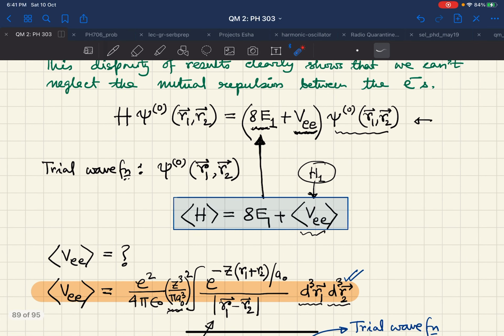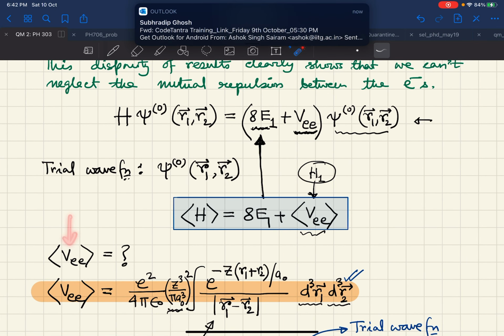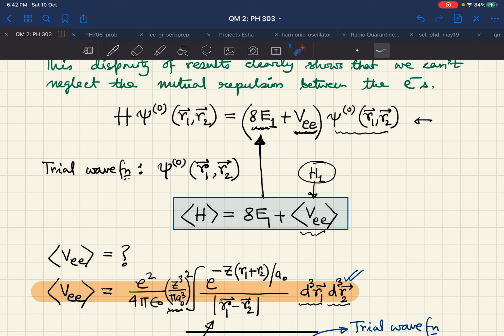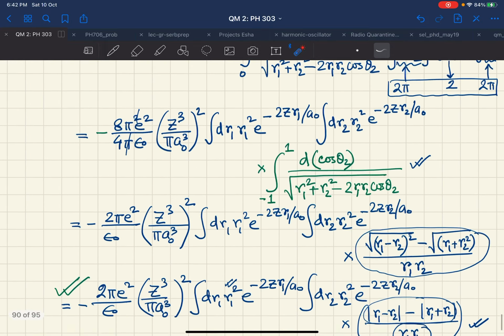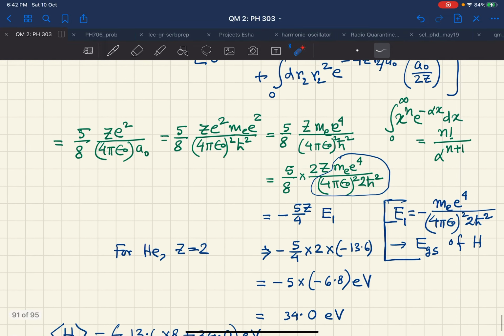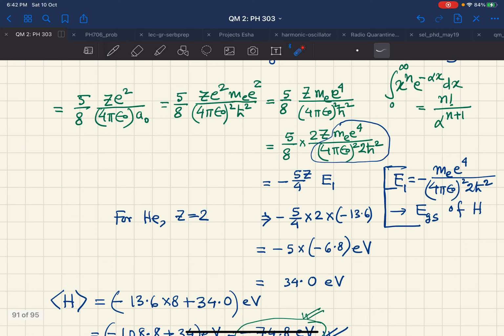This expectation value of VEE we calculated in the previous class, and the result after several integrations was this: the expectation value of VEE came out to be minus 5Z by 4 times E1, where again E1 was the ground state energy of the hydrogen atom.